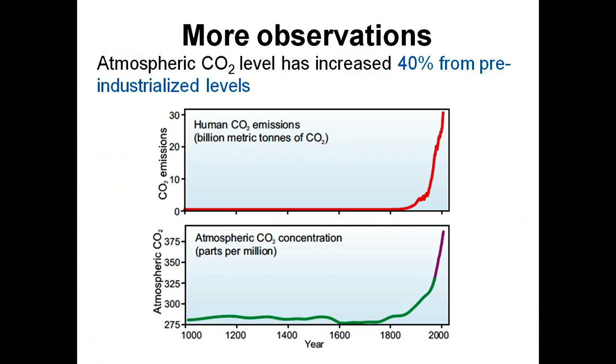Okay, so what is the root cause of global warming? And we have identified it's carbon dioxide. So atmospheric carbon dioxide levels have increased 40% from pre-industrial levels, and this bottom panel actually shows the atmospheric carbon dioxide concentration, and you can see it's increasing rapidly since the late 1800s.